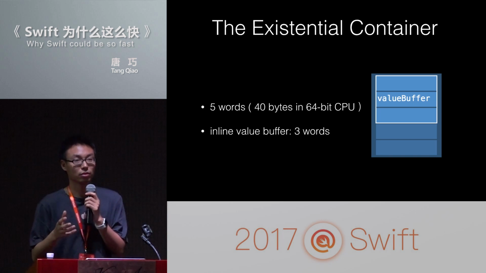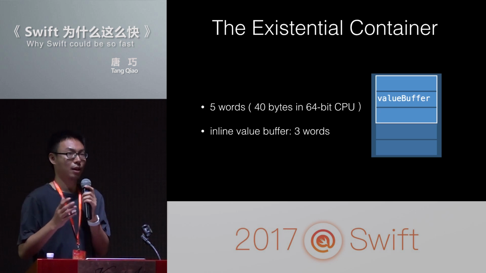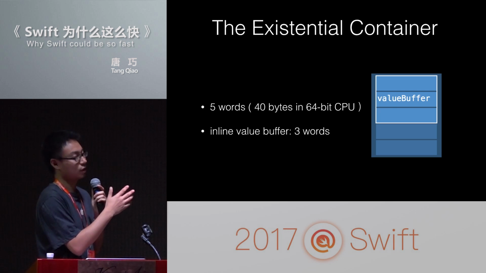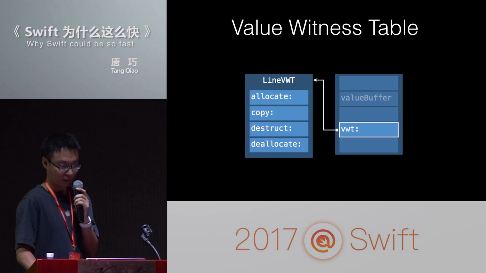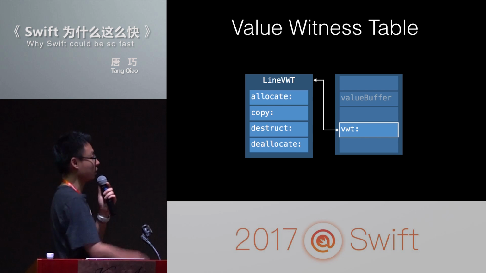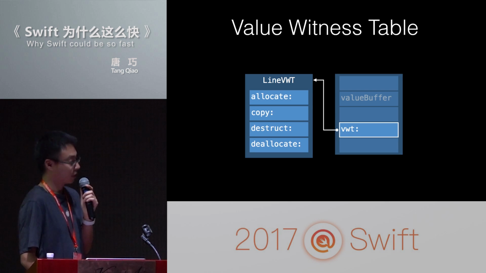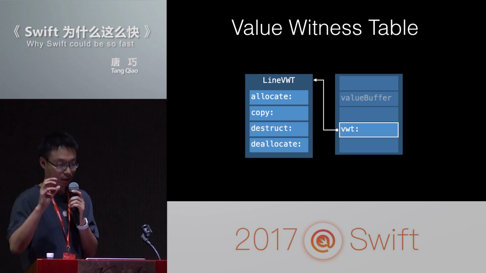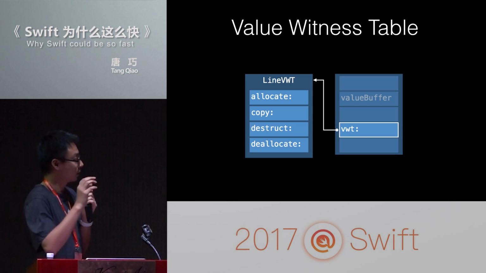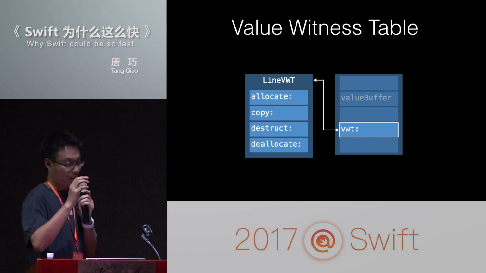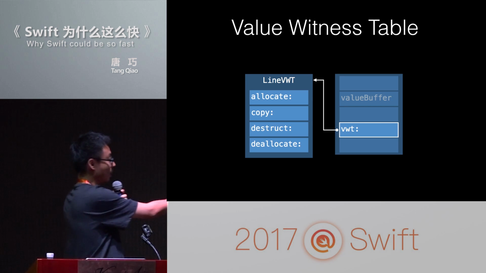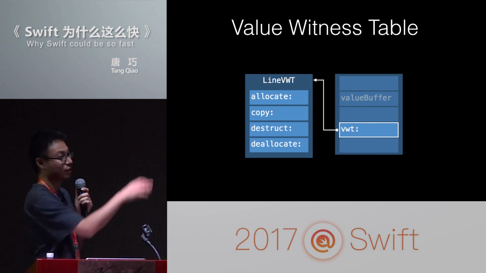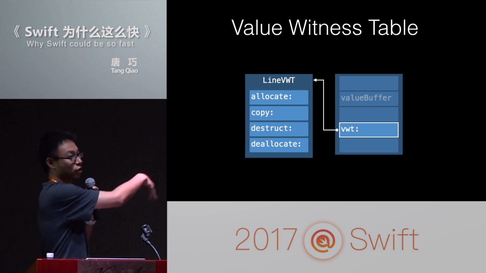The value buffer is used for storing the struct type value. And the next word is the value witness table. It's a pointer. The pointer will point at the address of a table. It contains the allocate, copy, destruct, and deallocate method addresses. So using this pointer, you can find these function entry points.